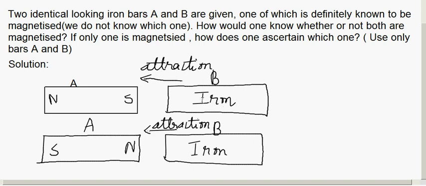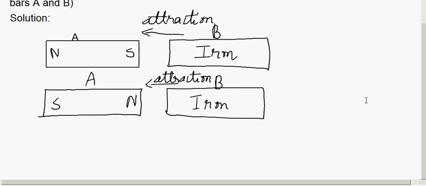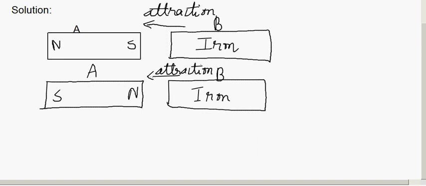If this bar B is not magnetized, when you bring it near to bar A, it gets attracted on reversing its poles also. So in both directions, if bar B gets attracted, we can say that bar B is not magnetized. But in case bar B is also magnetized, then what will happen?